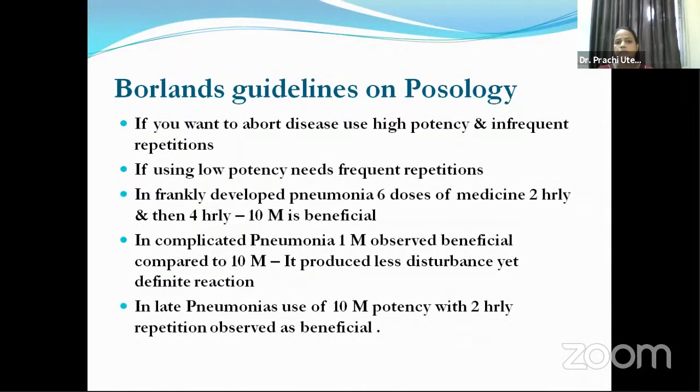In frankly developed pneumonia, 6 doses of medicine, 2 hourly and then 4 hourly, of the 10M potency is beneficial. In complicated pneumonia, 1M potency is observed beneficial compared to 10M, and it produces less disturbance yet a definite reaction. In late pneumonias, use of 10M potency with 2 hourly repetition is observed as beneficial. So this is Borland's view.